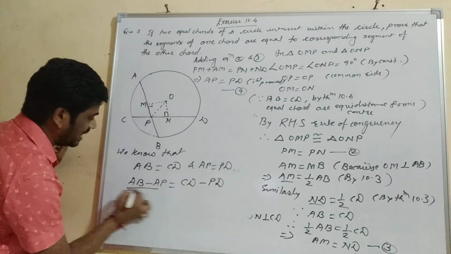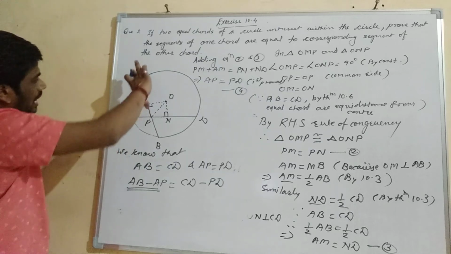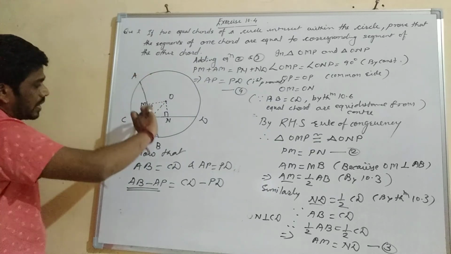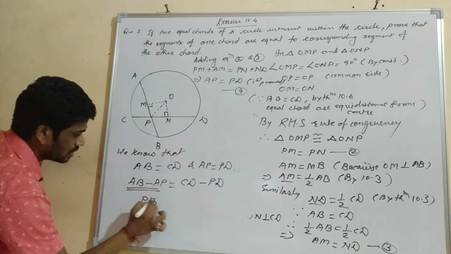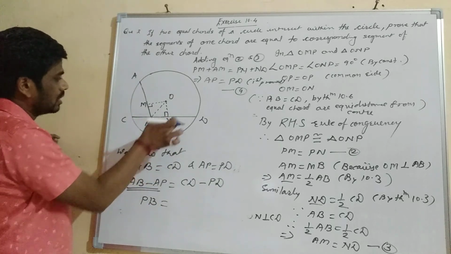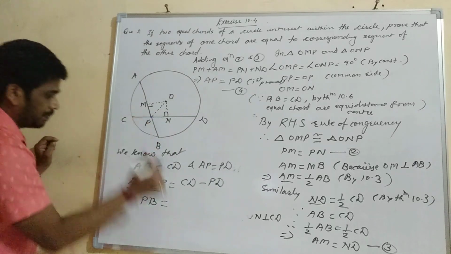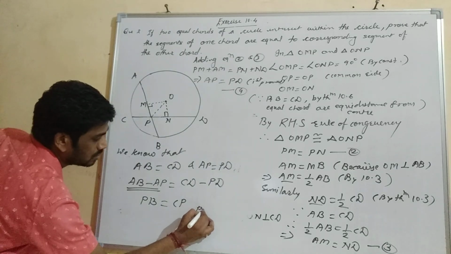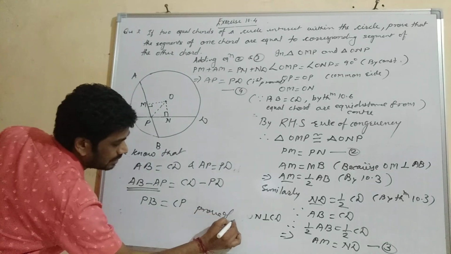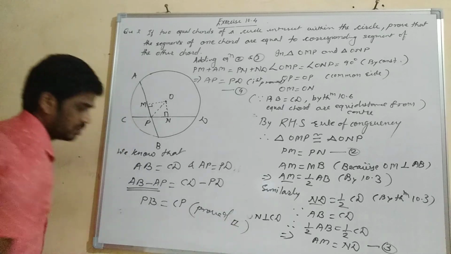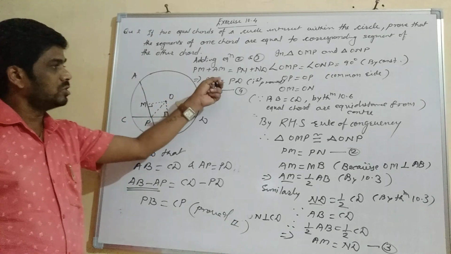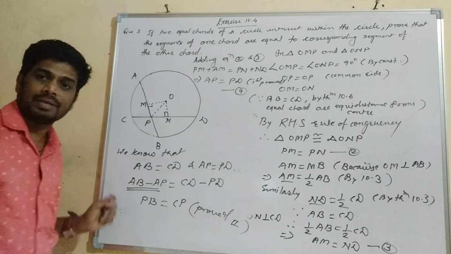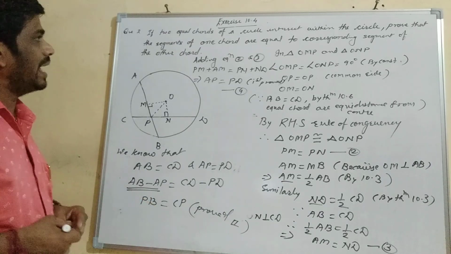AB minus AP we will write as PB, and CD minus PD we will write as CP. That will be the second proof. This is the second proof. Okay, so this was first, this is second. So this way you can solve.